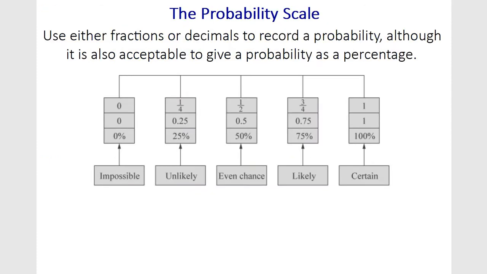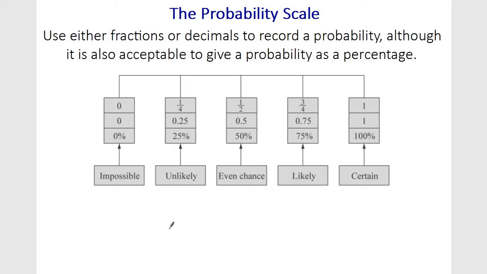Now, here's the probability scale. We talked about this before. When we talk about probability, we use fractions or decimals. We talked about impossible, never going to happen, 100% going to happen, 50-50. It is also acceptable to give it as a percentage. Just make sure that you're doing the conversion correctly.